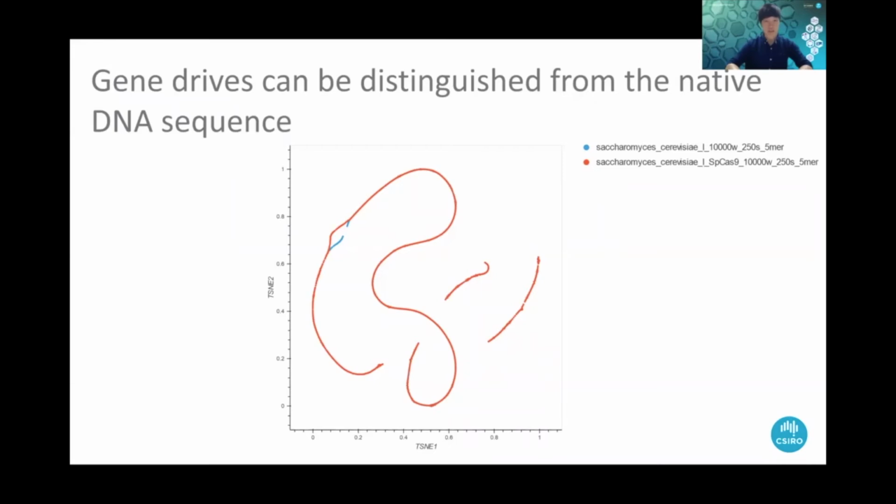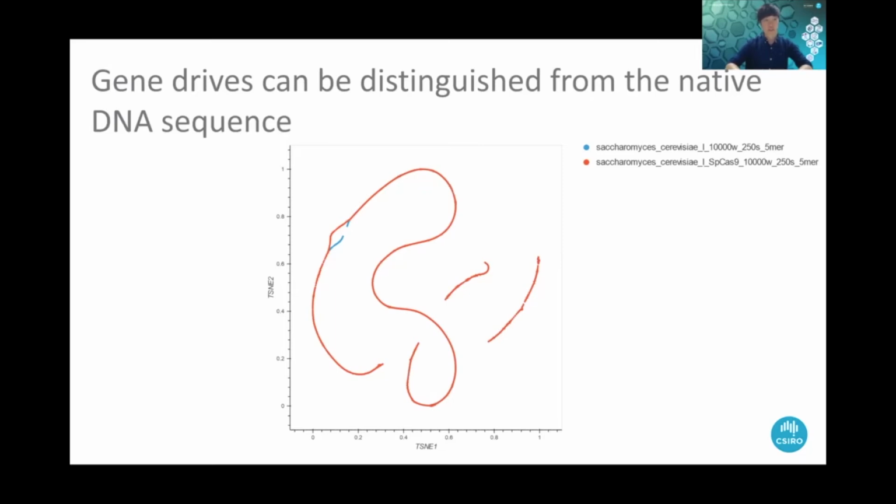We then used the sliding window approach to calculate the genomic signature of 10,000 base pair regions at different positions along the length of the theoretical sequence and of the native yeast sequence. Finally, we analyzed all of the genomic signatures using t-SNE and plotted the first two components to visualize the results.